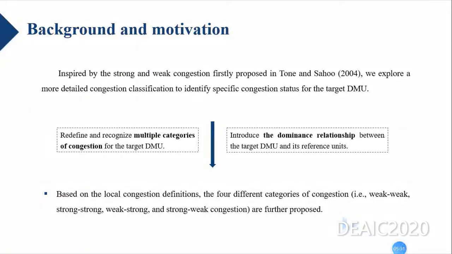This contribution is partly inspired by the original definitions of the strong and weak congestion proposed by Tone and Sahoo in 2004, as well as the subsequent extension of this work. Different from the traditional classification of congestion, our multiple categories of congestion are defined by introducing the dominance relationship between the target DMU and its reference unit.